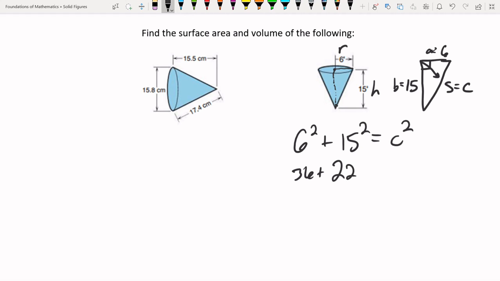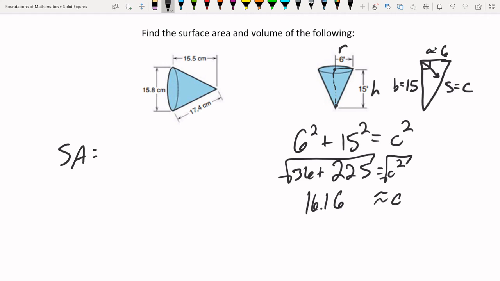Yep, 225 equals C squared, and take the square root of both sides, giving us approximately 16.16. That's how you find the slant height, which you need in order to find the surface area.